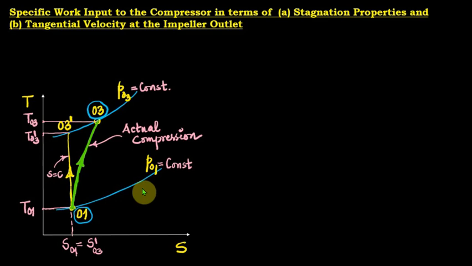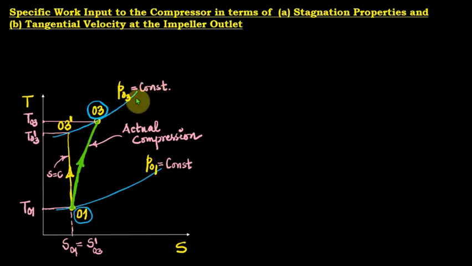In a TS diagram, the constant pressure lines are represented by logarithmic curves. So this is such a curve representing P01. That means along this curve the stagnation pressure is constant. Anywhere on this line, the pressure is constant at the value P01.